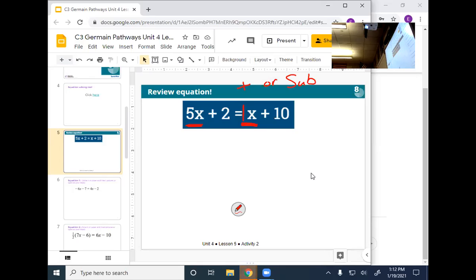If there's no sign on the left side, it would automatically be considered a positive. So it's a positive 1X, right? We can tell that because there's no sign. And so if I want to move a 1X, how do I undo a positive X?